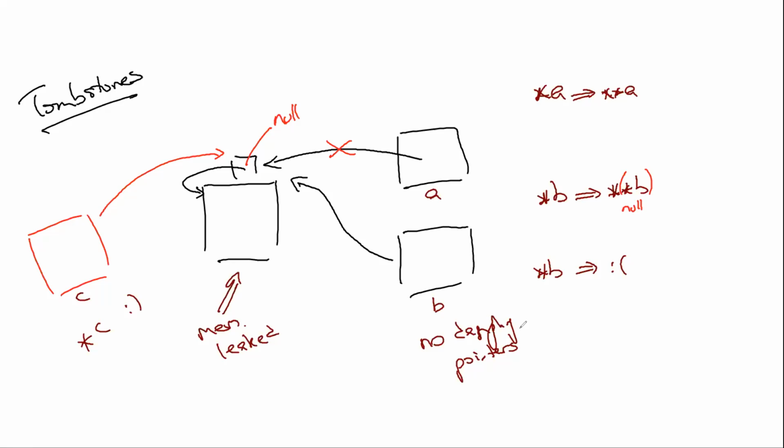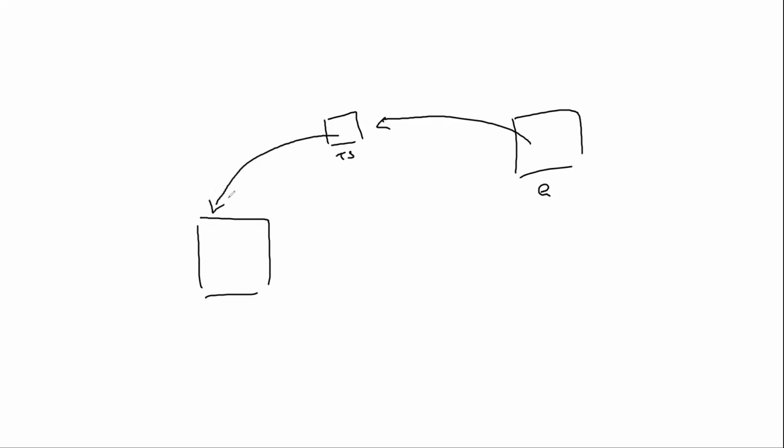What does that mean? So if we draw the picture again, we have some heap memory, and in some other separate location, we have a tombstone. This is our tombstone, right? And we have some pointer A pointing at the tombstone, which points at the heap memory, and we have some other pointer B pointing at the same tombstone, which points at the memory.